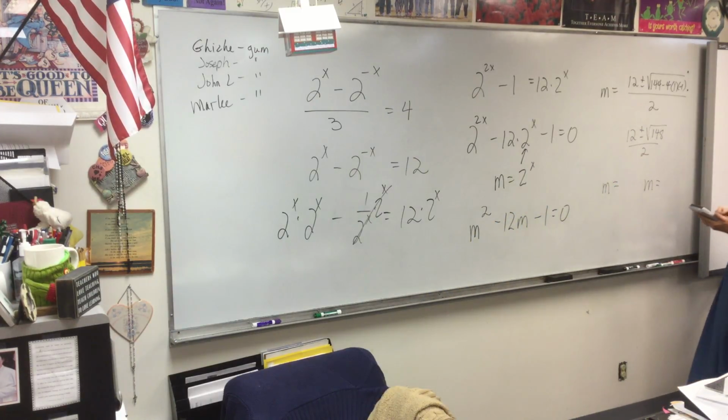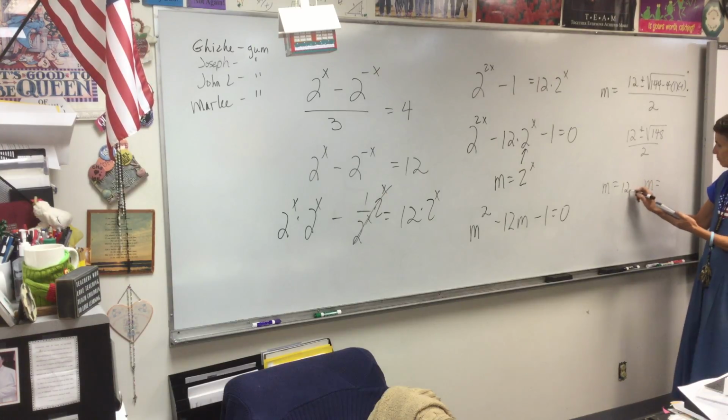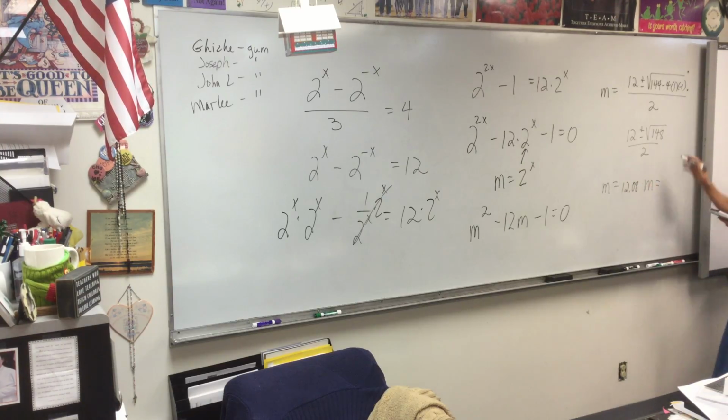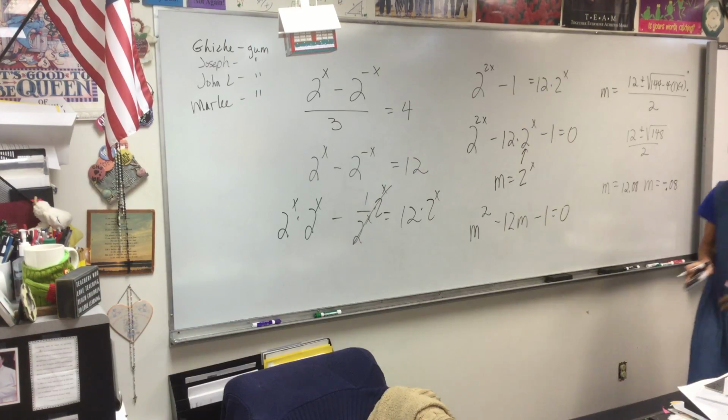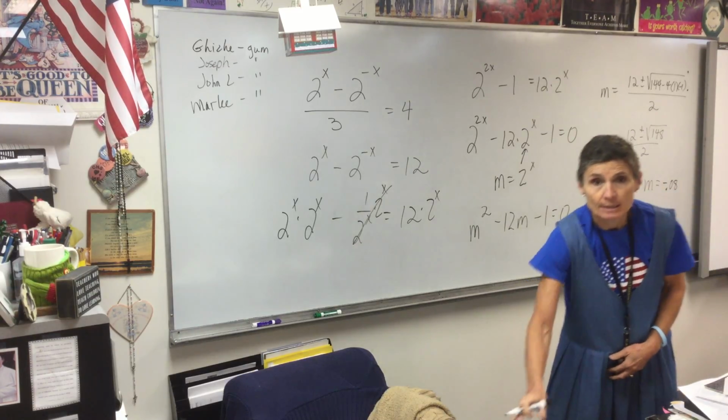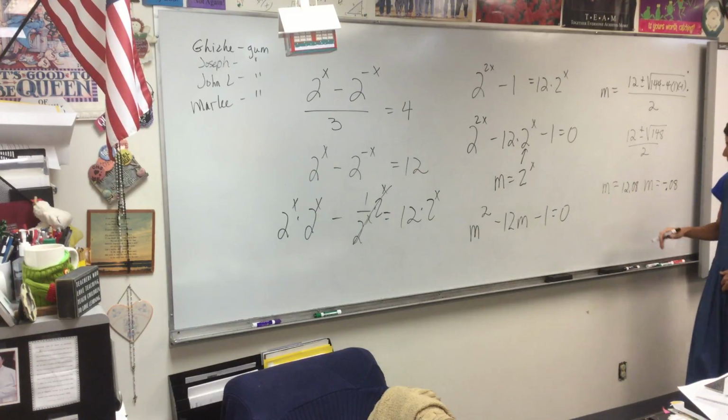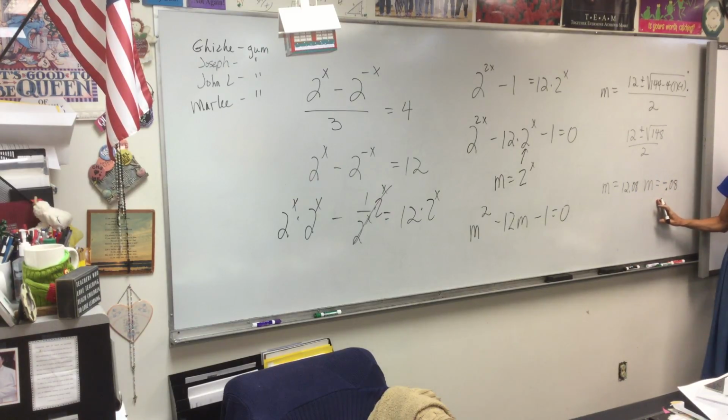So 12 plus the square root of 148 divided by 2, that's about 12.08. And then 12 minus the square root of 148 divided by 2, and that's negative 0.08. Now those are m values.